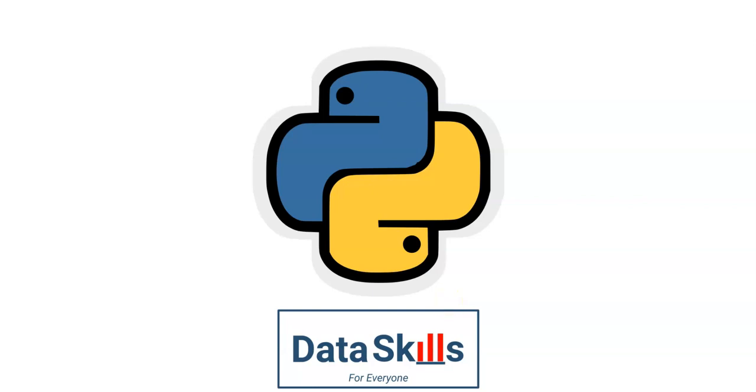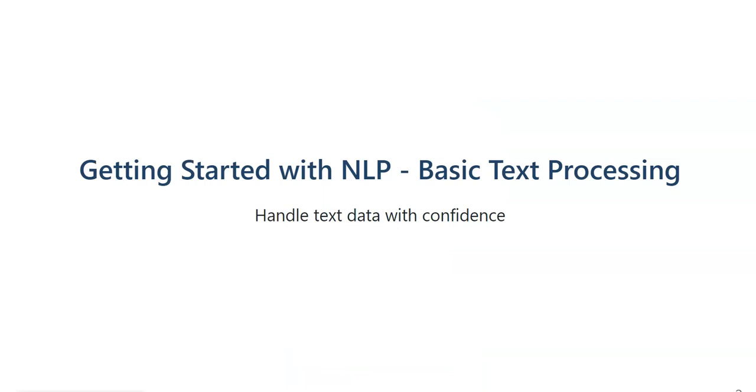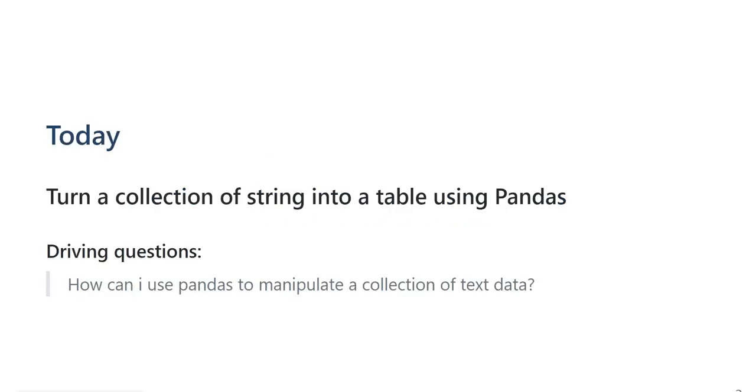This is Data Skills for Everyone, and we are still on basic text processing in Python, how to handle text with confidence. In this video, I will tackle yet another interesting problem. You remember from the last tutorial how to turn a collection of text data into a table of numbers, and we went about that using loops.